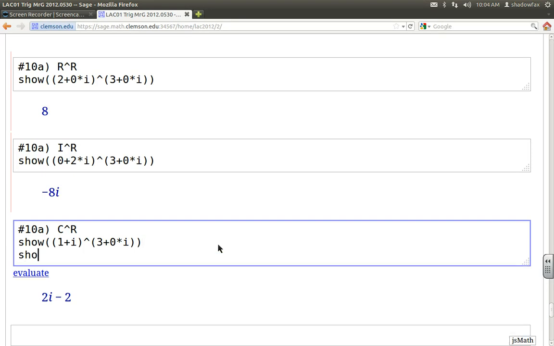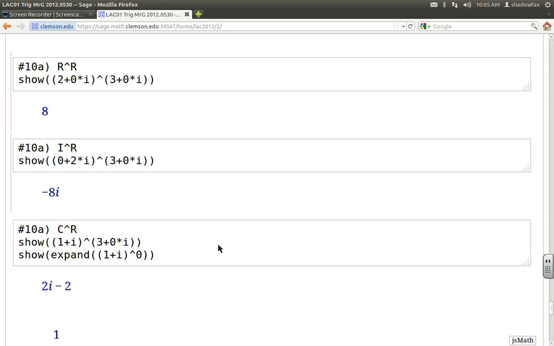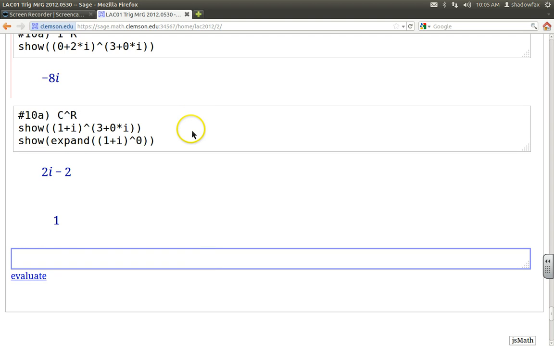Let's expand the quantity 1 plus i to the 0. Did you expect anything to the 0 to be 1? Yes?